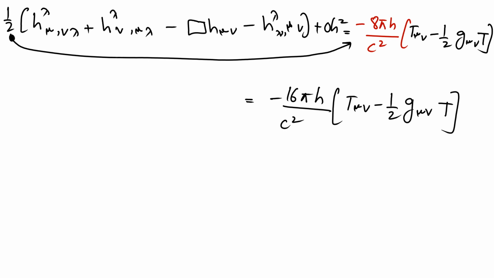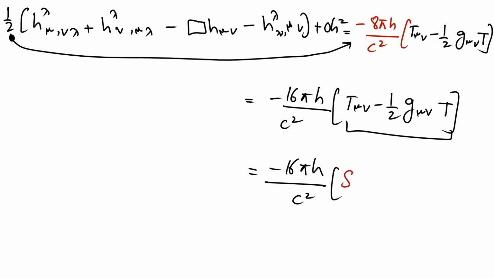So this equation is minus 16 pi G over c squared, and this thing in the book they have written as S mu nu. Yes, this is this value. All this term will come in the same way here also. So that is my presentation. Thank you.